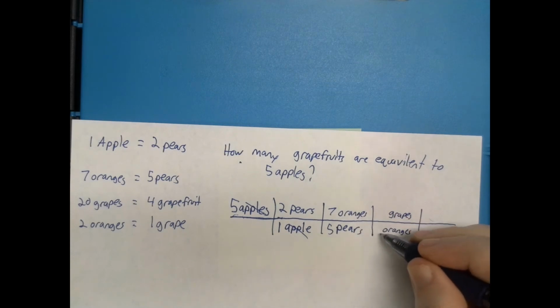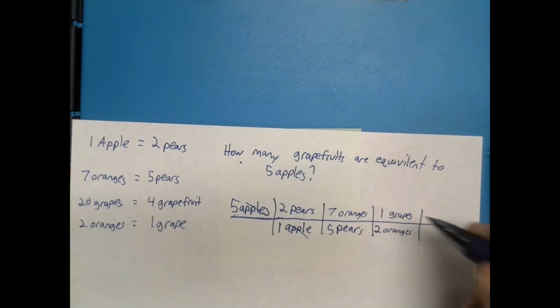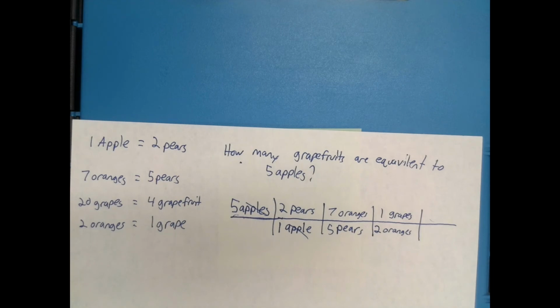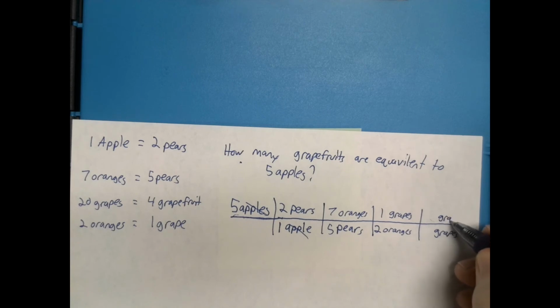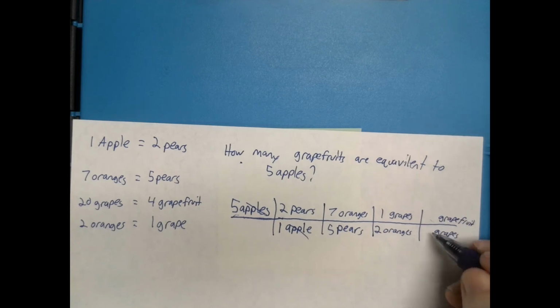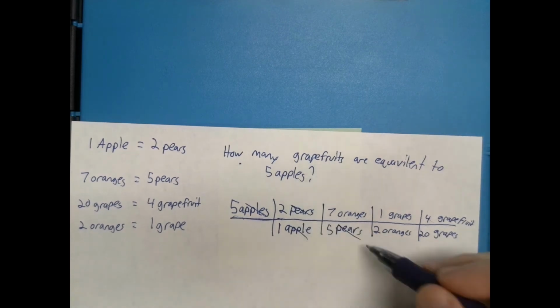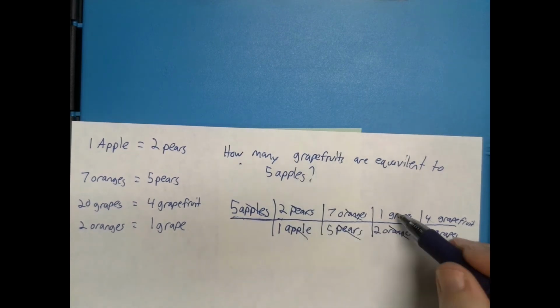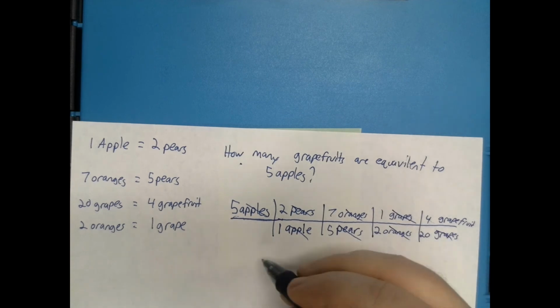So it is 2 oranges to 1 grape. And lastly, we can put grapes on the bottom and grapefruit on the top. So it is 20 grapes to 4 grapefruit. So pears cancel out, oranges cancel out, grapes cancel out.